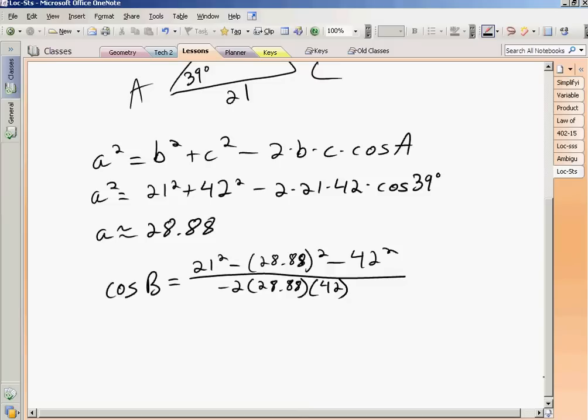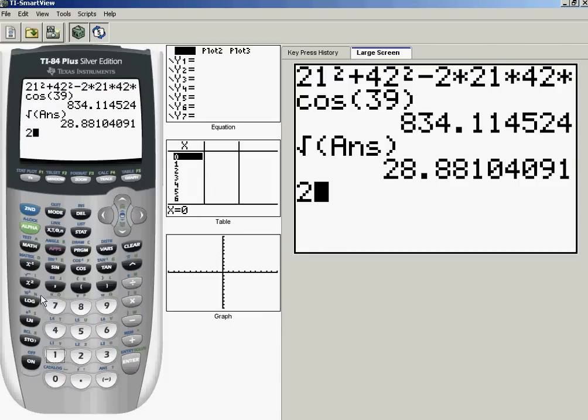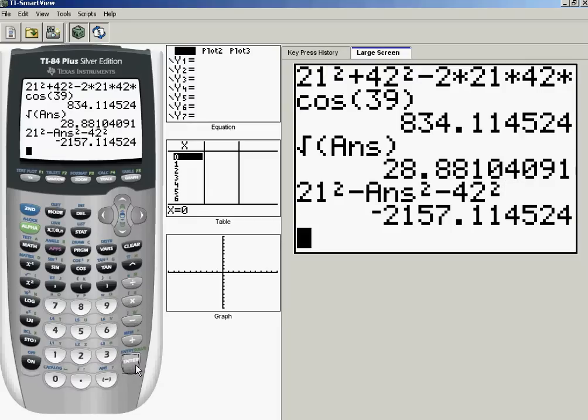I'll put this in the calculator in a couple of steps, and I could use my previous answer feature here. I could type it all in one step, but that's not entirely necessary.